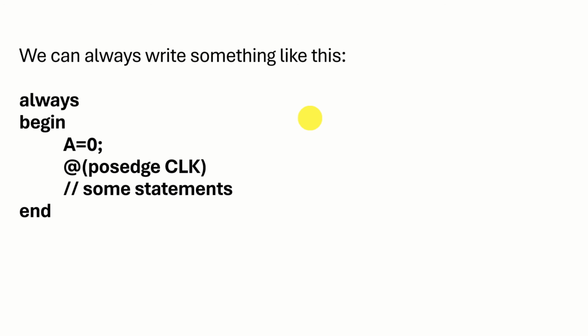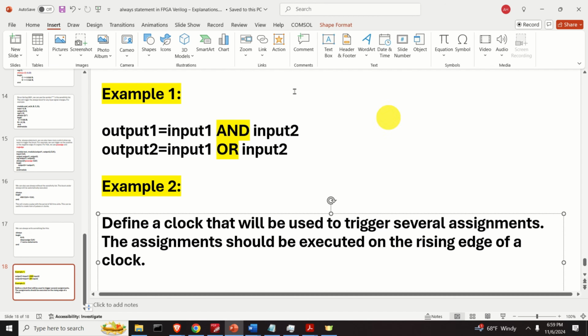In the sequel, we will implement two examples that demonstrate how to use the always statement in the Vivado programming environment. Here's the first example.